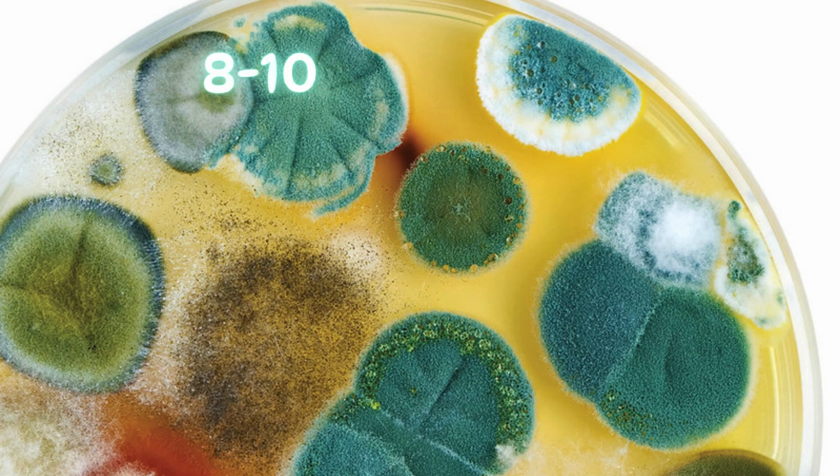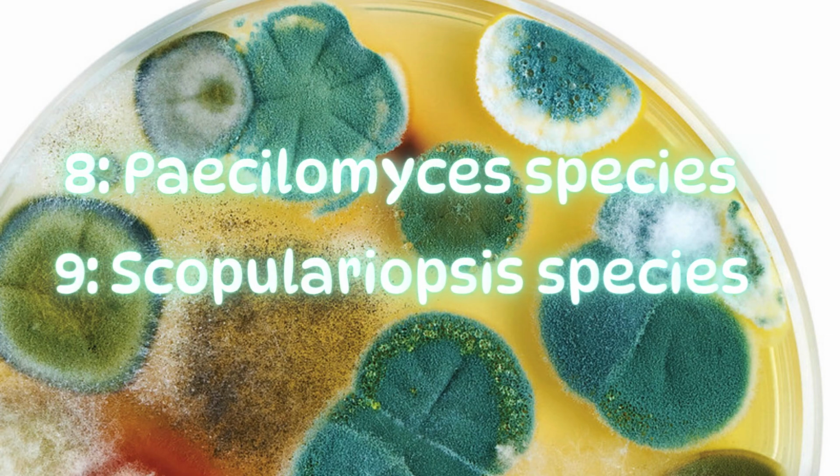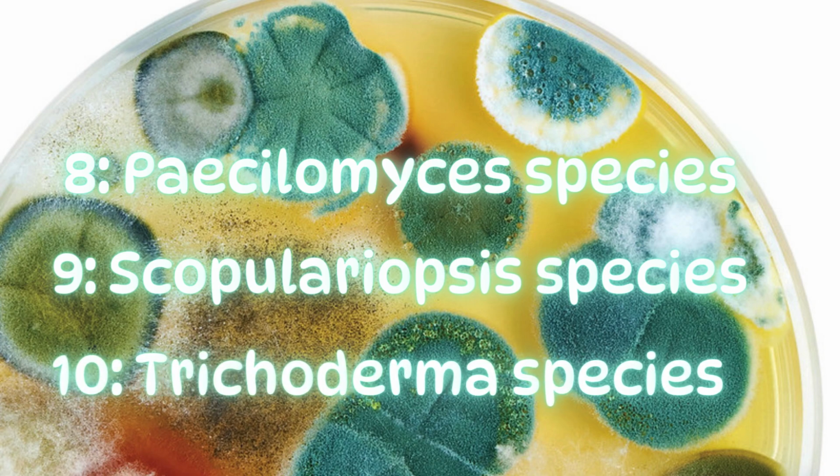That's right. You thought you weren't this close to the end, unless you were checking the progress bar at the bottom. Numbers 8, 9, and 10 are all Penicillium-like saprophytic molds. Because they are all common contaminants and all resemble each other, we're going to knock them out all at once. Paecilomyces species, Scopulariopsis species, and Trichoderma species are all common contaminants.